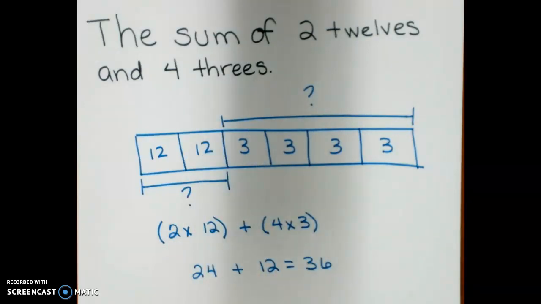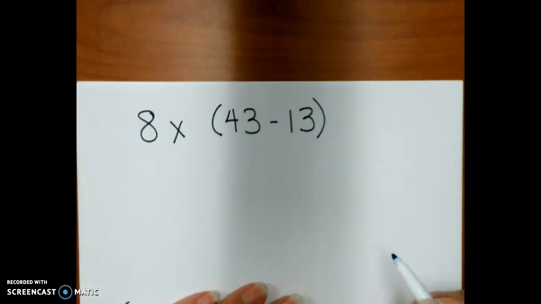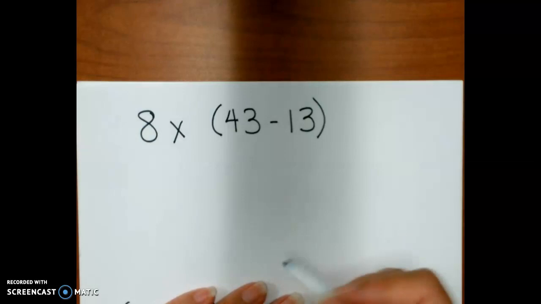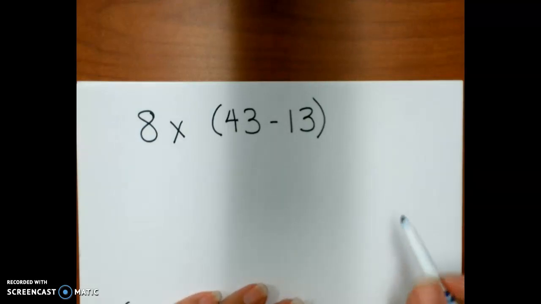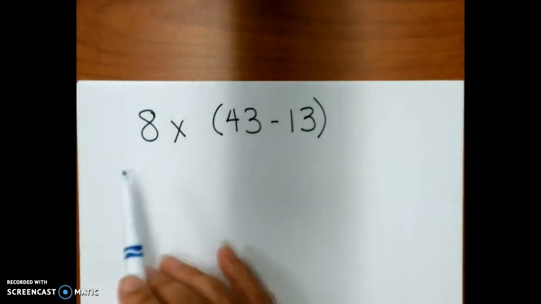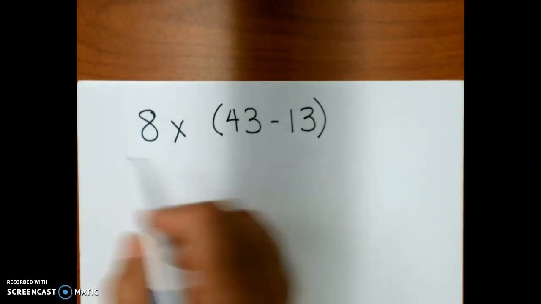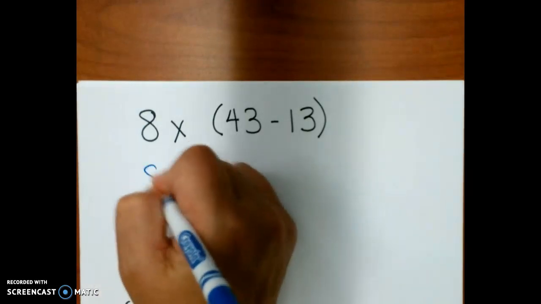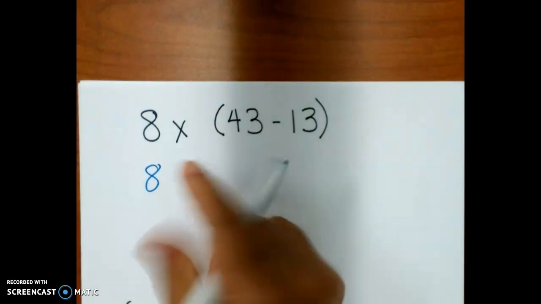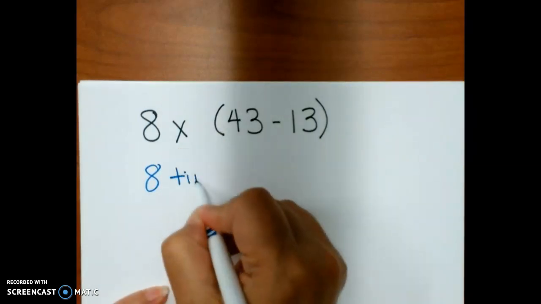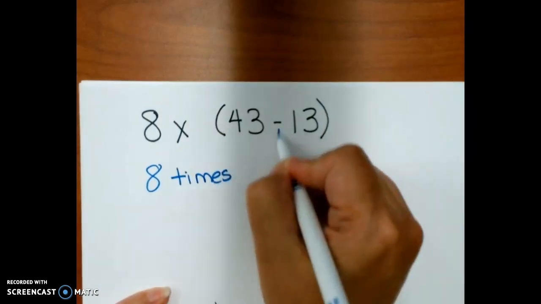Okay, let's keep going. This one's going to be a little bit tricky because this time we have the expression and we want to write the words, the sentence that describes this expression. So I'm going to start over here at the left side. I have 8, so I'm going to write 8 times. Now, what am I doing over here? I'm subtracting.